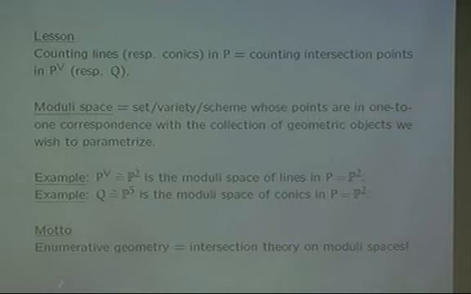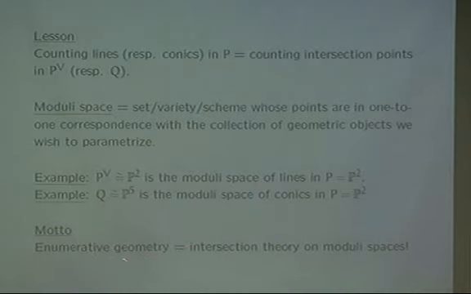Okay, so this is the most important slogan in the industry. Enumerative geometry is nothing but intersection theory on moduli spaces. You cannot directly count the number of lines, conics, surfaces, because that's likely to be horribly complicated.